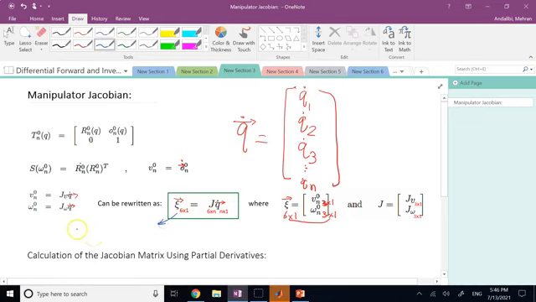These are the end effector velocities, and I mean all of it, linear and angular. And this q dot here is what? These are the joint velocities, theta 1 dot, theta 2 dot, and so on and so forth.